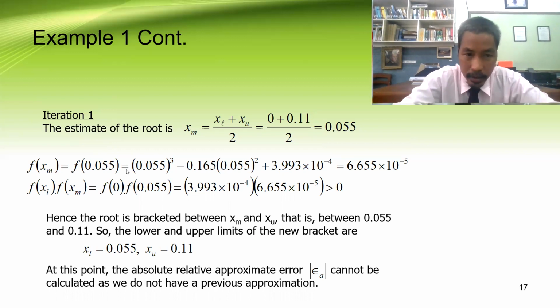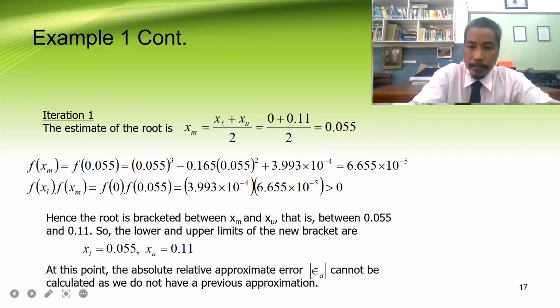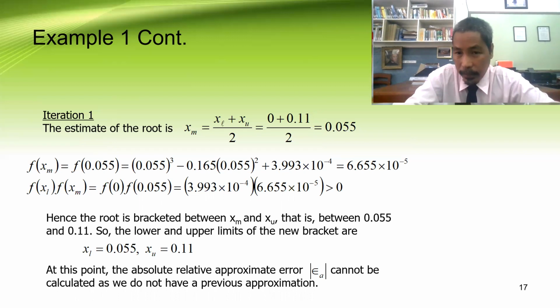Substitute to the function, and the result is 6.655 times 10 to the negative 5. Is this a positive or negative number? If we multiply it to f(xl), the answer is positive.